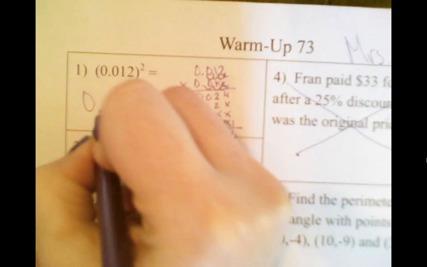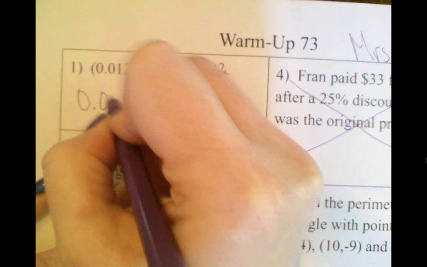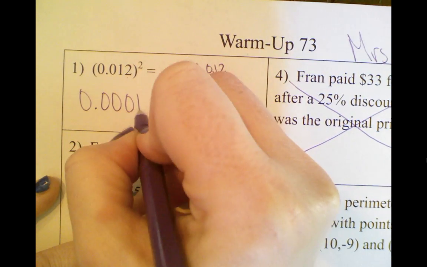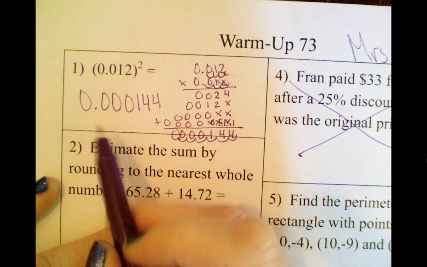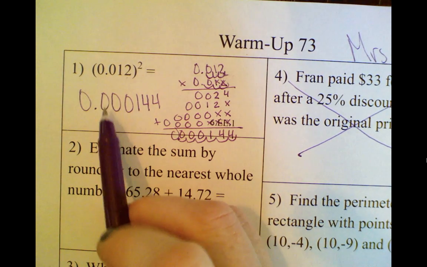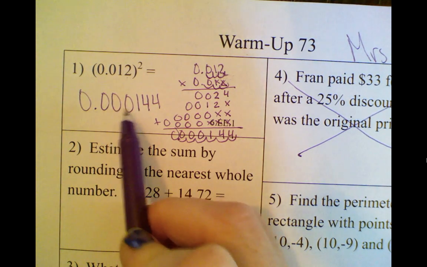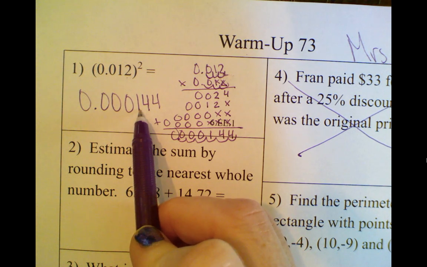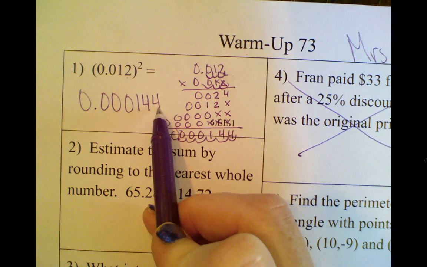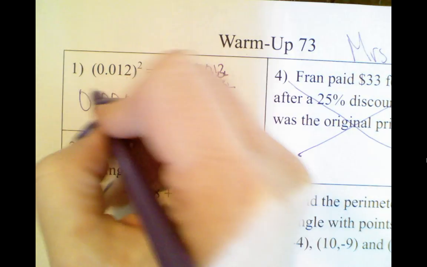So we're going to have 0.000144. So it's technically tenths, hundredths, thousandths, ten-thousandths, hundred-thousandths, millionths. So 144 millionths is going to be your answer.